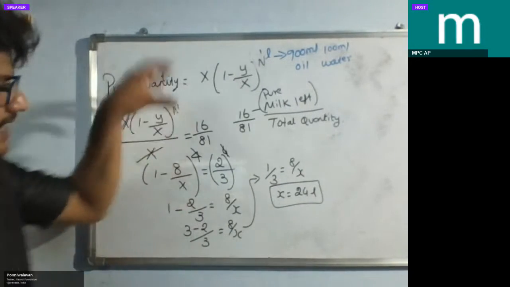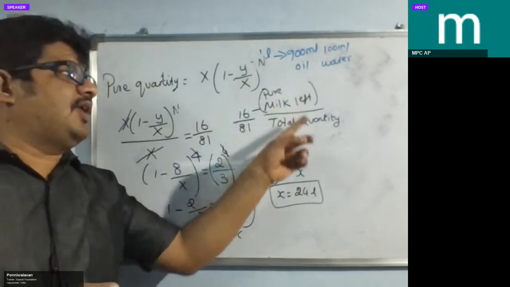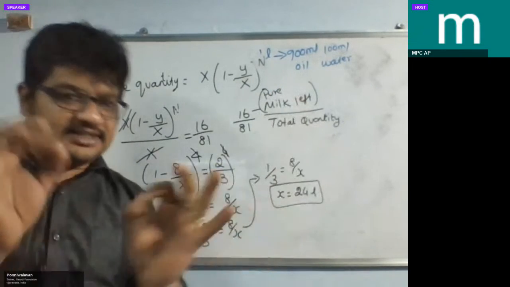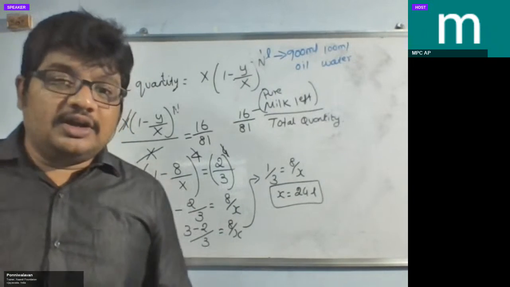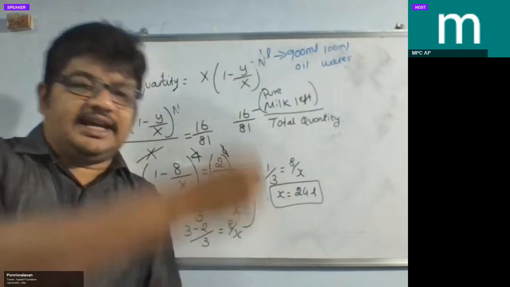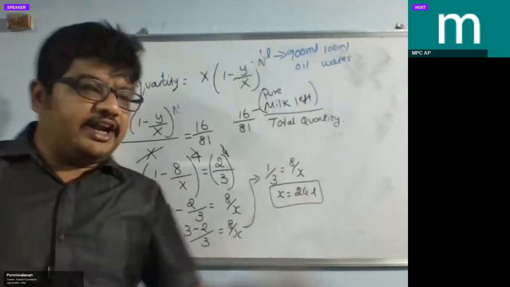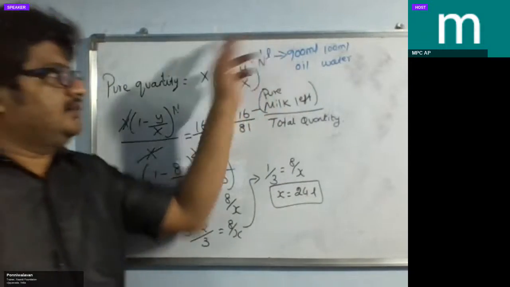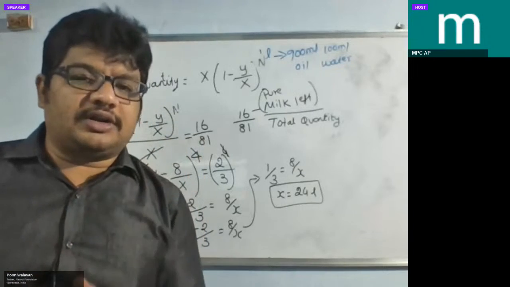Actually, the calculation is very simple. To define this formula and these things, it will take time. Whenever a question like this comes, where they are taking out and replacing, the quantity of pure milk formula is this one: the amount of pure quantity.